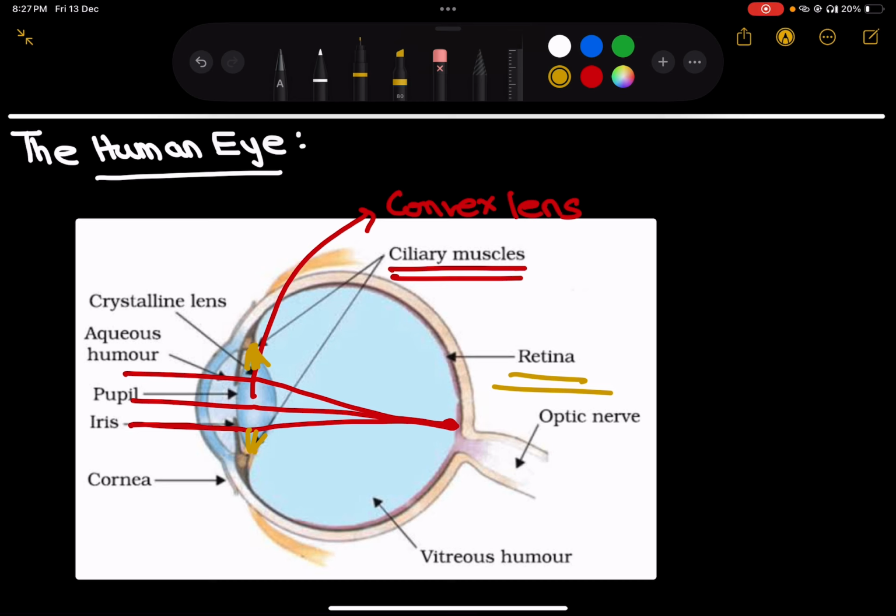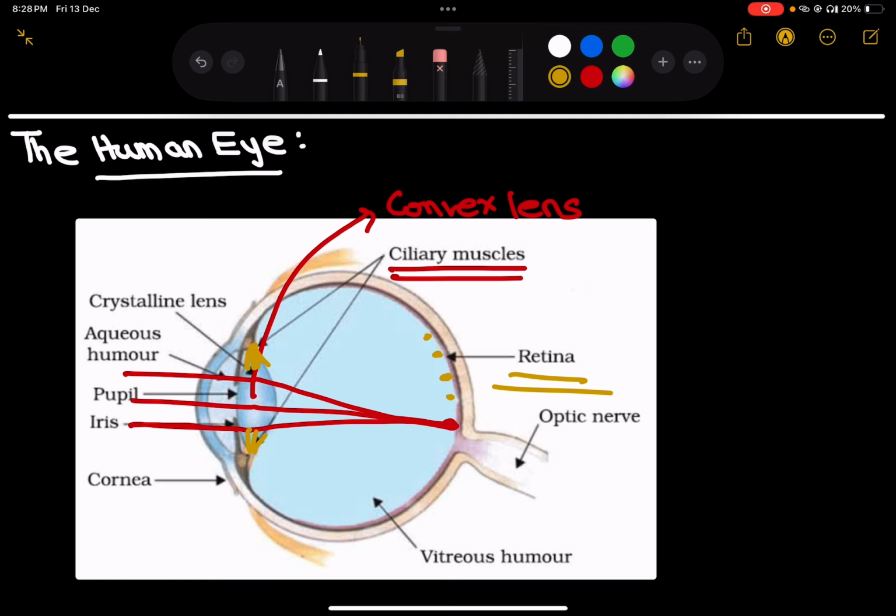Now moving on to the retina. The retina is a very delicate membrane and it has many light sensitive cells. So it has rod cells and cone cells. You might know this, right? Now these light sensitive cells get activated whenever light falls on them. When they get activated, they generate electrical signals.